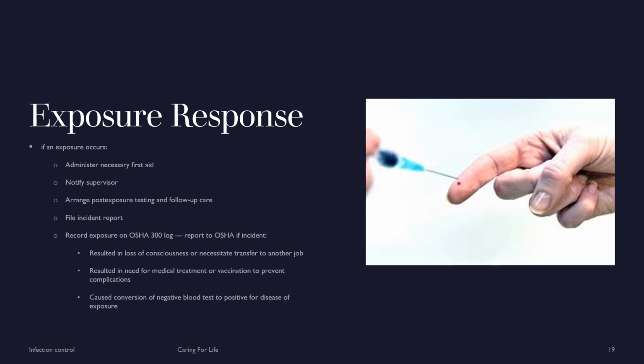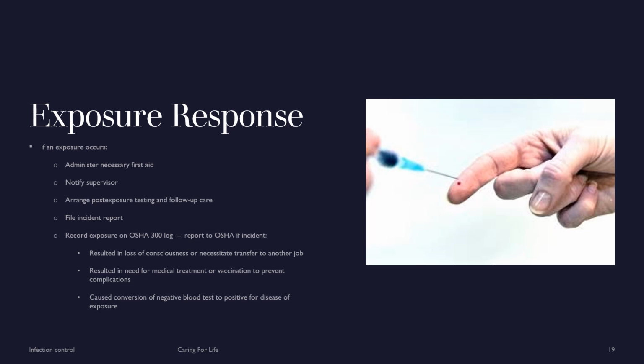And then you'll notify your supervisor, you'll probably fill out an incident report, and then they'll determine if you're doing post-exposure testing and what type of follow-up care. And then you're going to do the OSHA 300 log. This is where you're going to record the exposure. You need to do this if there was loss of consciousness, you have to be transferred to another job, it resulted in the need for medical treatment, or it caused conversion of a negative blood test to positive for disease exposure.